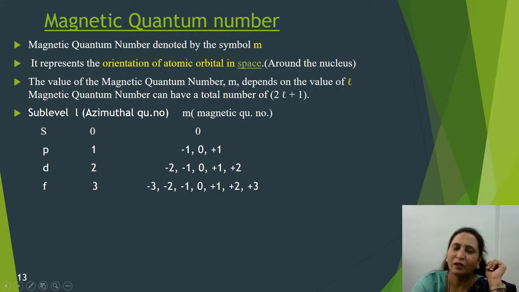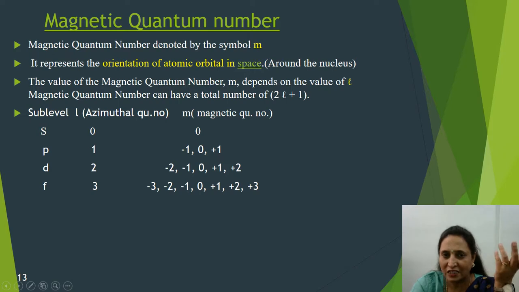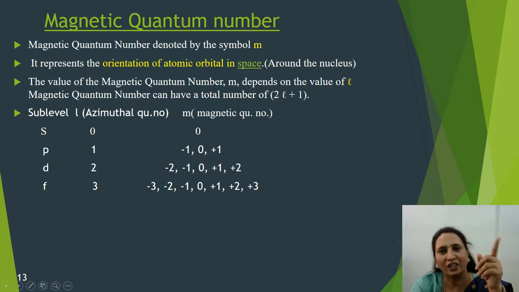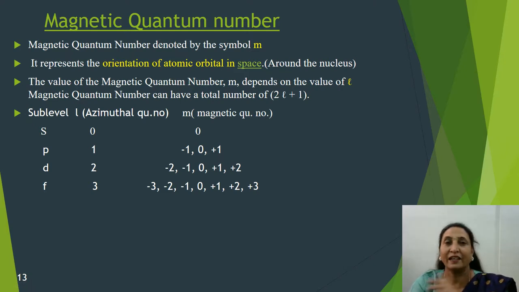Now the third quantum number is the magnetic quantum number, which is denoted by small letter m. What does this quantum number give? Magnetic quantum number gives an idea about the orientation of the atomic orbital in which an electron is present around the space, that is, the area beyond the nucleus, the extranuclear part.